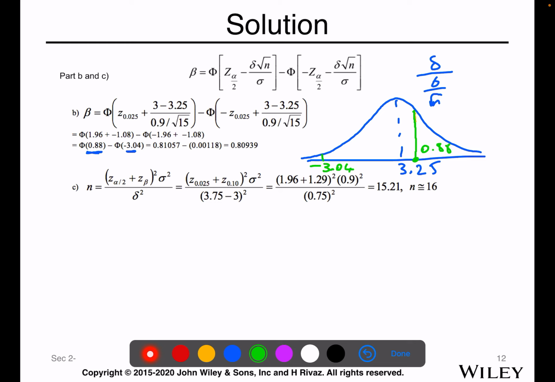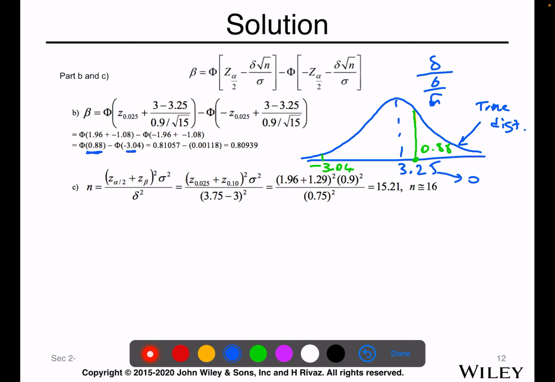This 3 is actually transformed to 0 when we transform it to the standard form. So when I wrote 3, all I meant was that this is the true distribution.